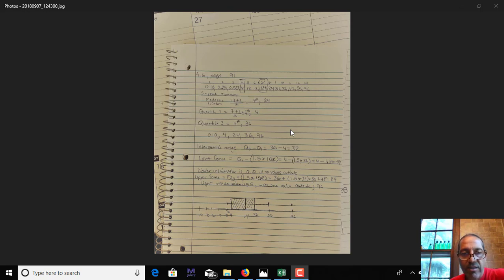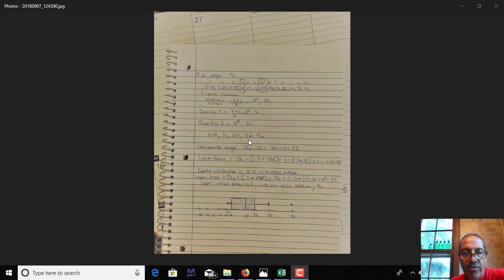Next thing we need is the interquartile range. The interquartile range is Q3 minus Q1. So it's basically the middle 50% of the distribution. Quartile 1 represents the lower 25% of the sample. The median is the middle point, so below the median you have 50%, above the median you have 50%.